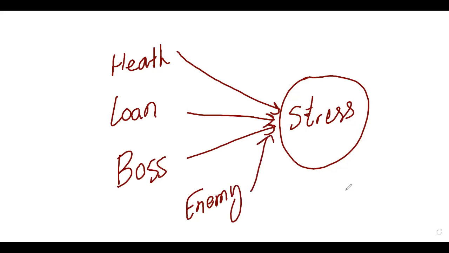So now the construct stress is a formative construct. Now I'm asking you a simple question: are you clear what is the difference between formative stress and reflective stress? Is it clear?